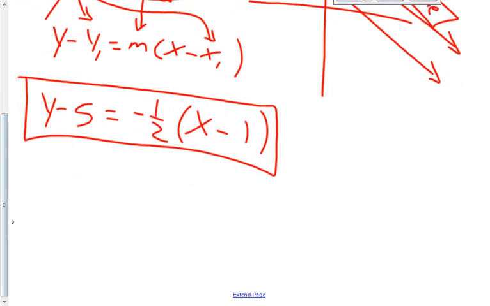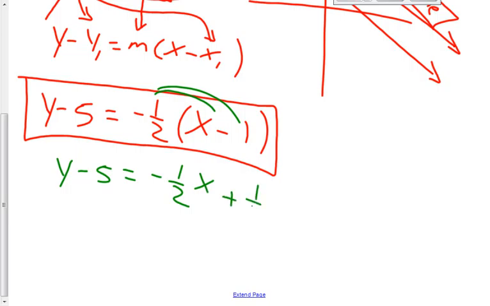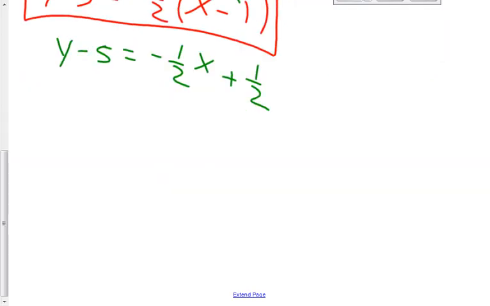I'm sure you guys are probably tired of this, but the more practice, the better we get at it. Distribute. Y minus 5 equals a negative 1/2 x. Negative times negative is a positive, plus a 1/2. And now we're going to change it into slope-intercept form, so we have to add the 5.